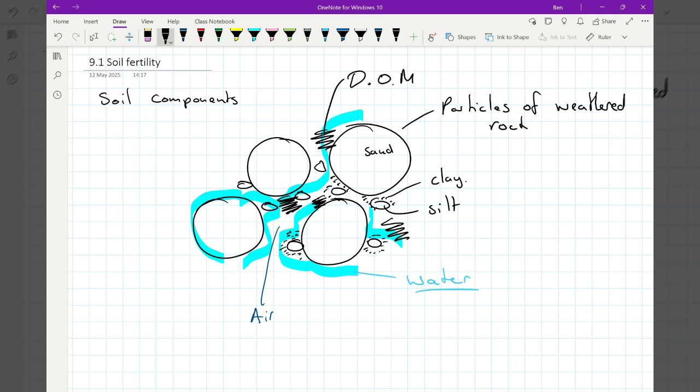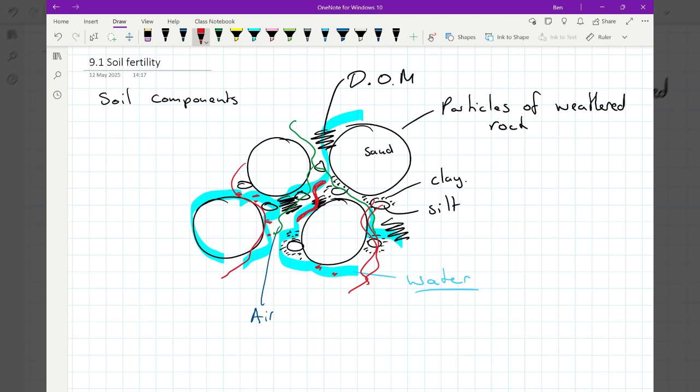And then we also have our biota. This could be things like bacteria or single-celled organisms. We might have worms of different sorts and varieties, roots of plants, and hyphae from fungi.